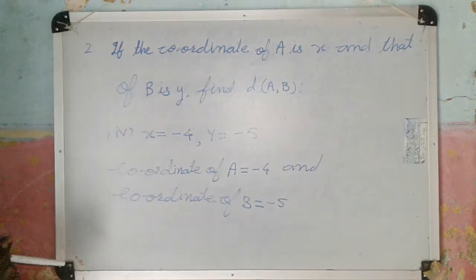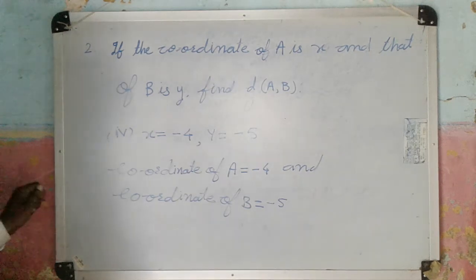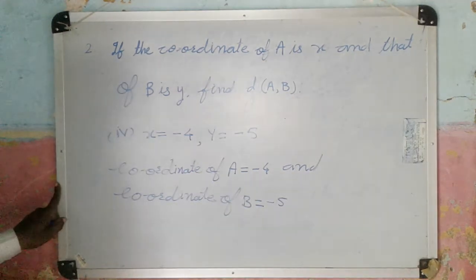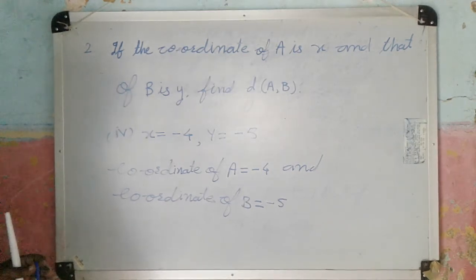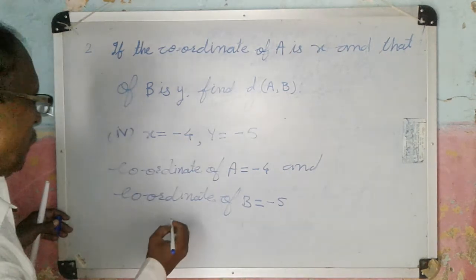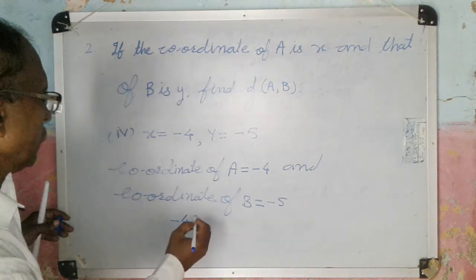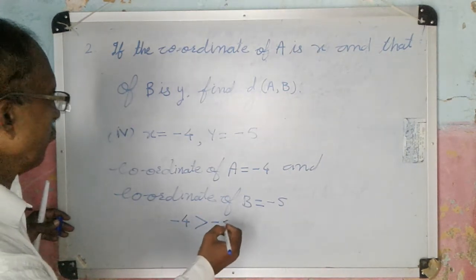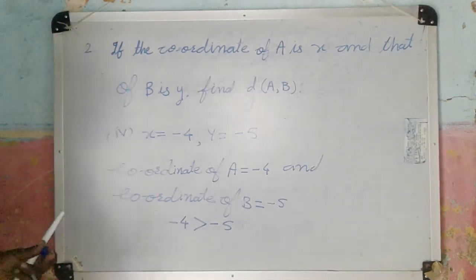Now, minus 4 and minus 5, which is the larger coordinate and which is the smaller? Now see here, minus 4 is greater than minus 5.